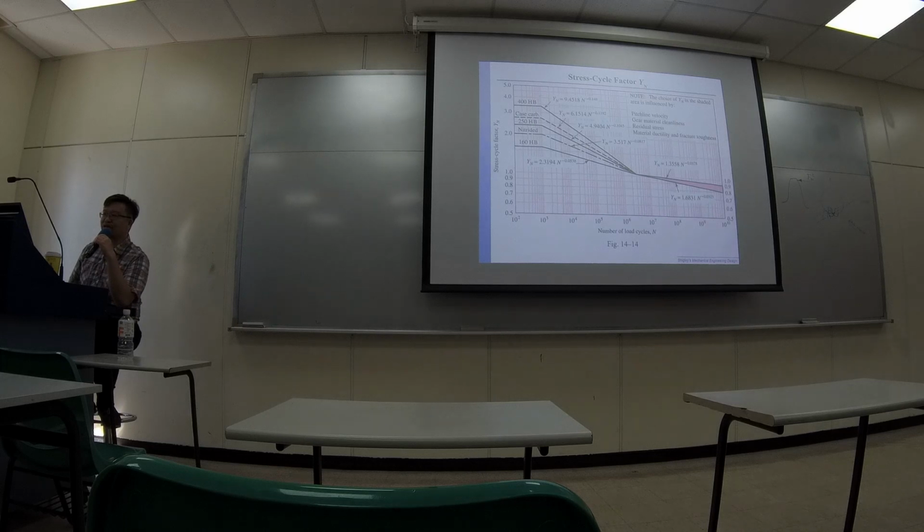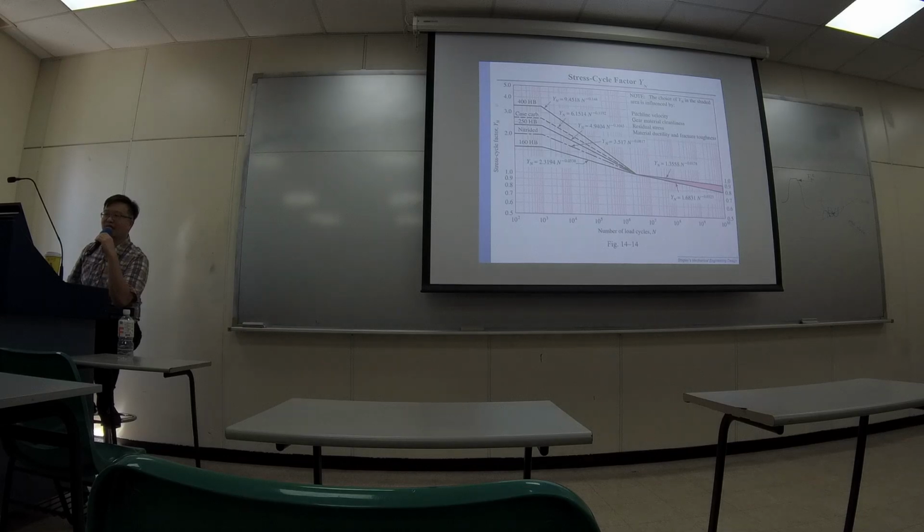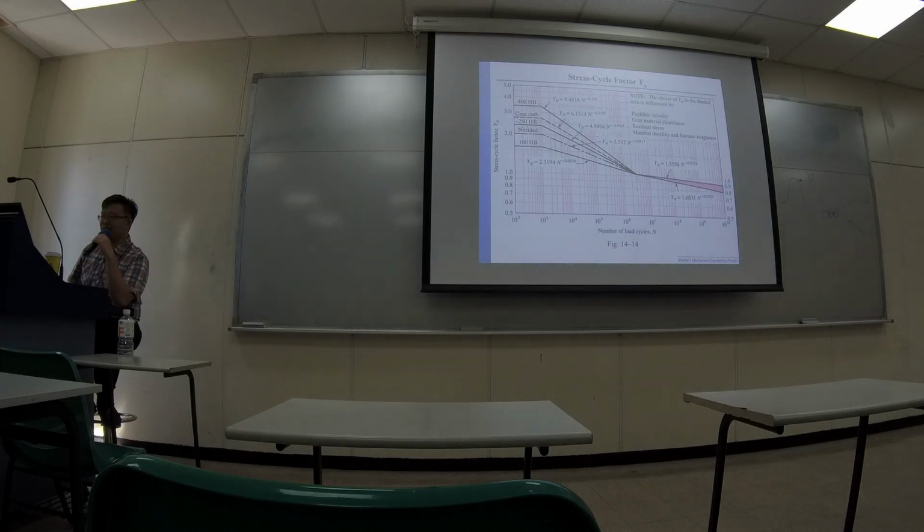So over here, this is just like the profile that you usually see for endurance limit. So usually you have a strength, and after a certain amount of cycle, the strength drops. Very similar to that kind of idea. But over here, there's a point right here.